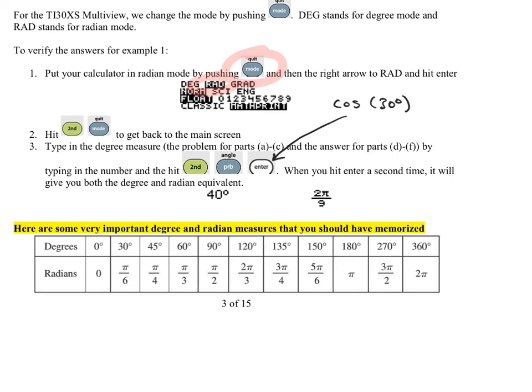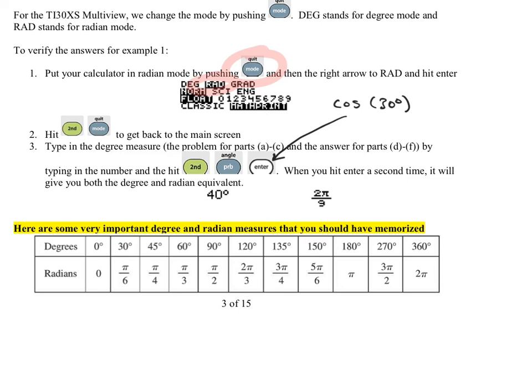So if you are in degree mode and you try typing in radians, it will not work. But if you're in radian mode, it works for radians and it also works for degrees. So that's why I always leave my calculator in radian mode the entire semester. Anytime I want a degree, I just enter the degree right there.